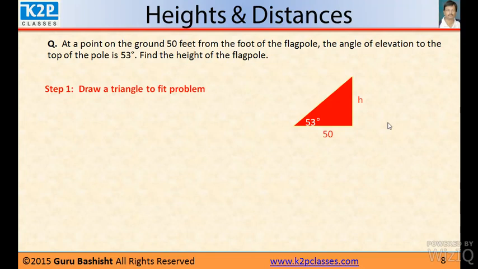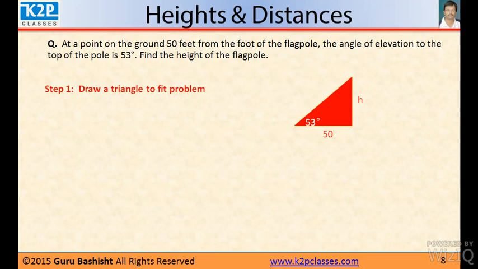Now it is very simple. The base is given and there is one angle, 53. So you have to apply your brain, which trigonometrical ratio should be used here. Try. Yes. What do you say?